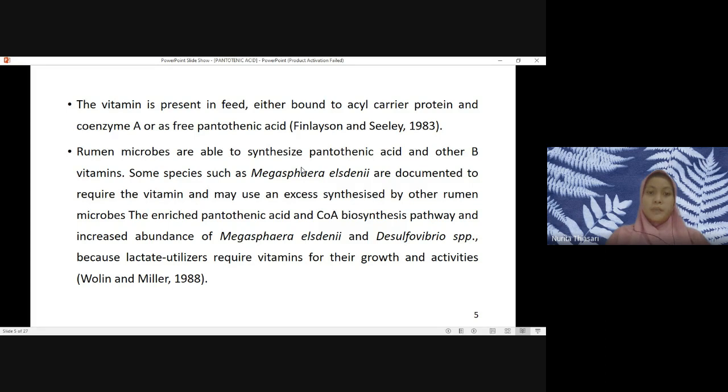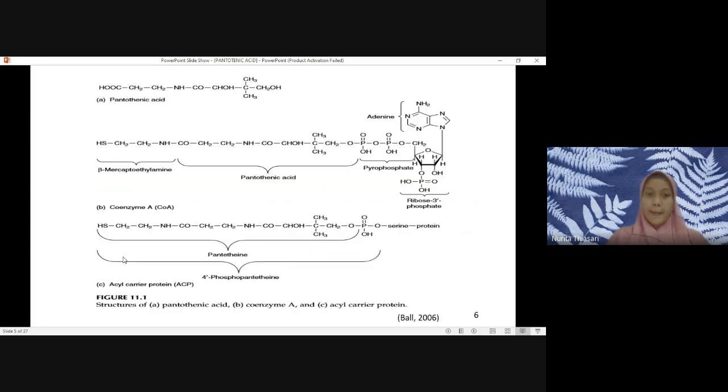The enriched pantothenic acid and coenzyme A biosynthesis pathway and increased abundance of Megasphaera elsdenii and Desulfovibrio spp. occur because lactate utilizers require vitamins for their growth and activities.